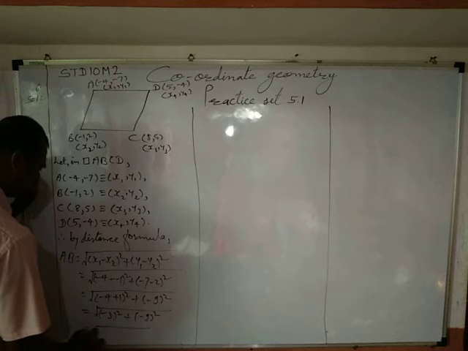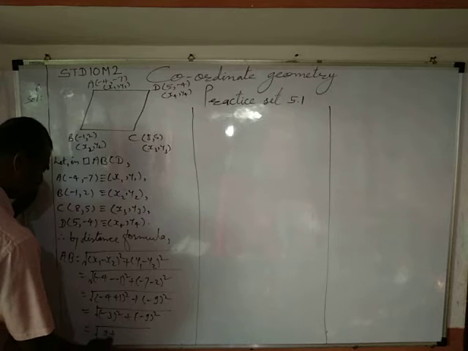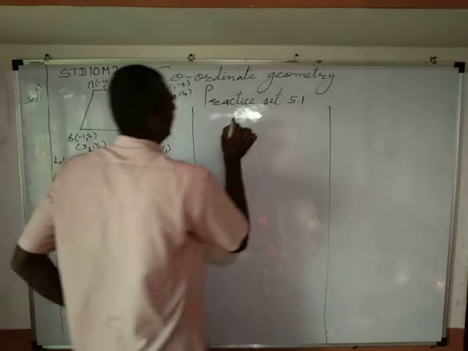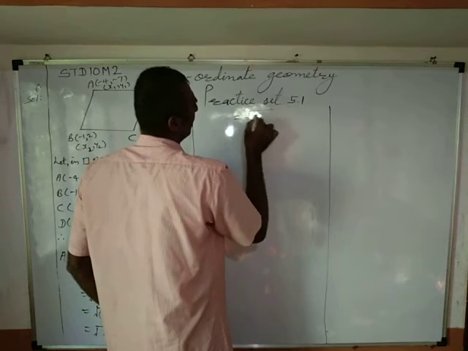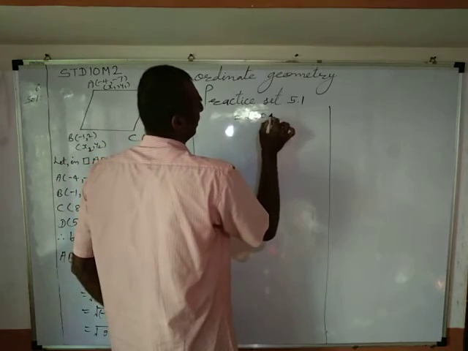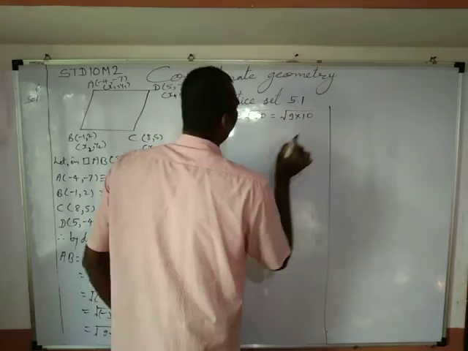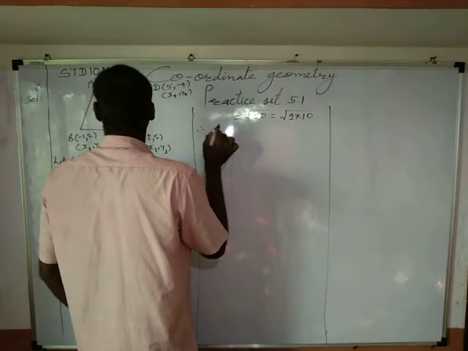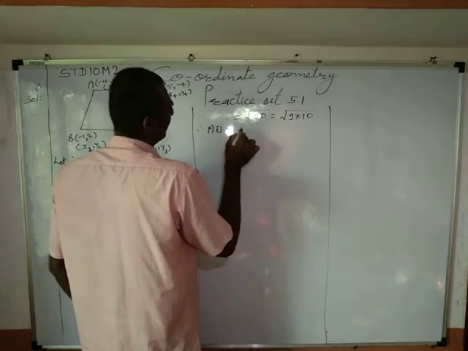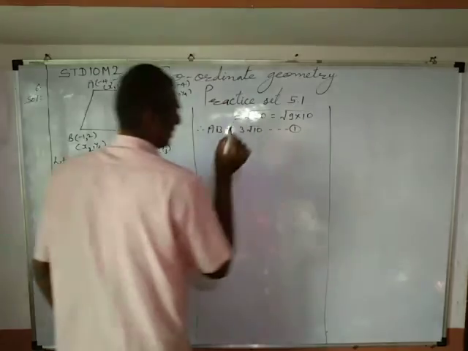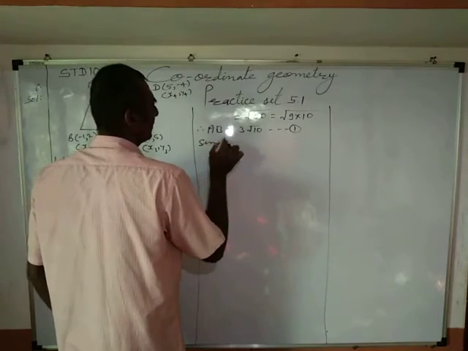Square of minus 3 is 9 plus square of minus 9 is 81, equals root of 90, and root of 90 equals root of 9 into 10. Therefore AB equals 3 root 10. Equation first.